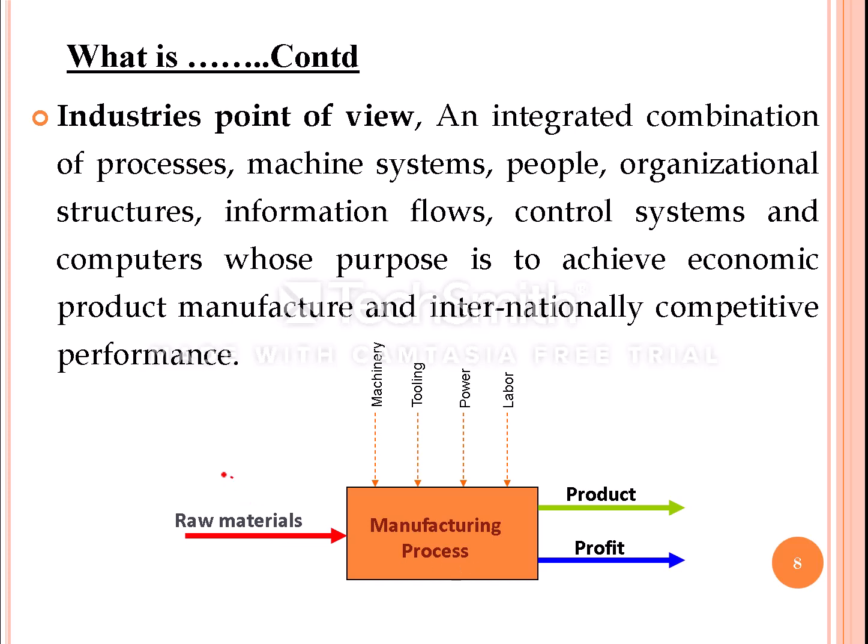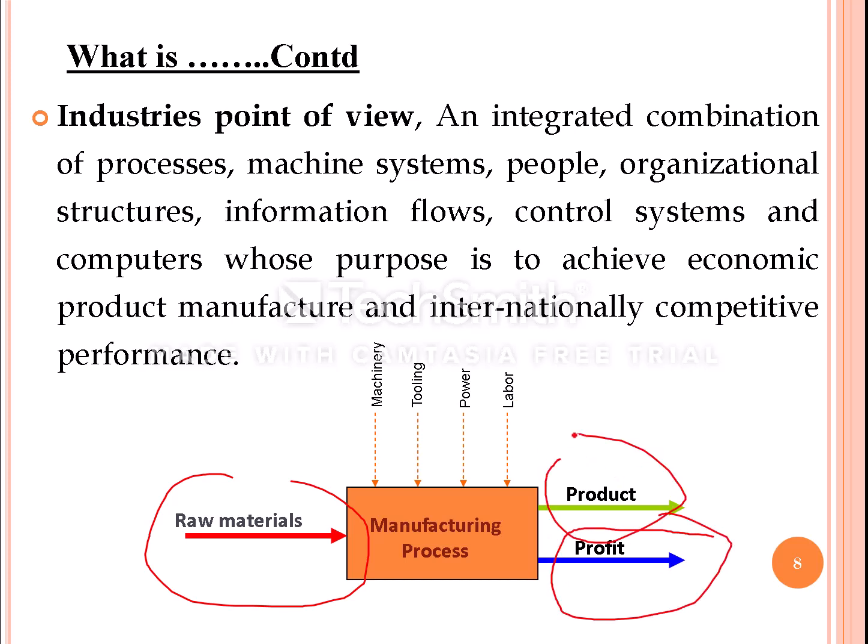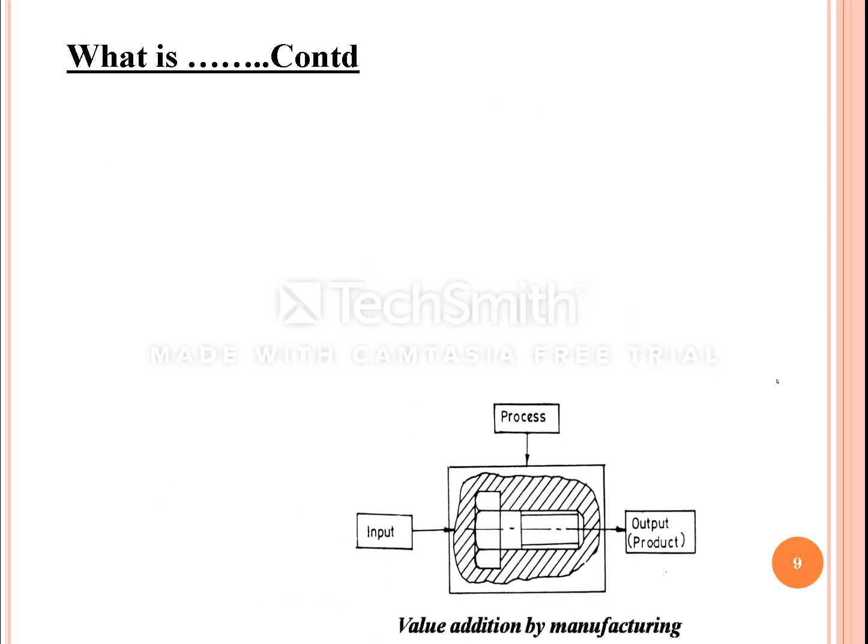We have similar raw materials, then we consider how to combine machinery, tools, power, and labor to produce the product and make some profit. So we have a similar process, but we can consider it economically, technologically, or from the industry's point of view. In this regard, we can define manufacturing as per the demand or the process.